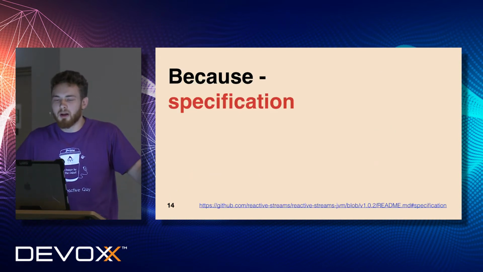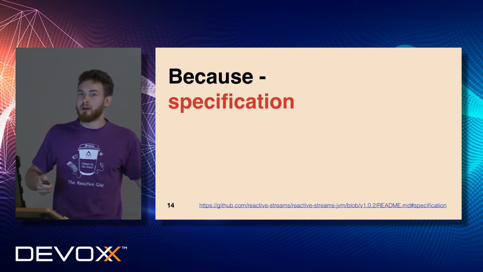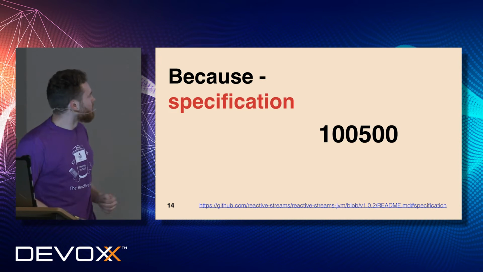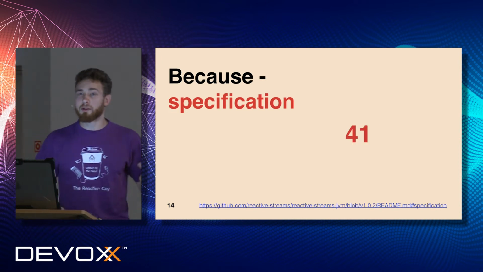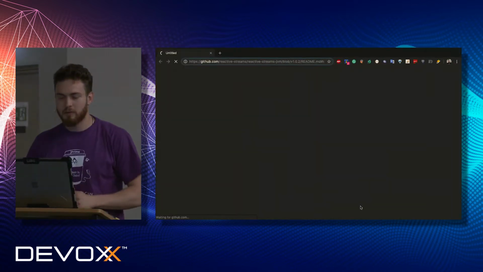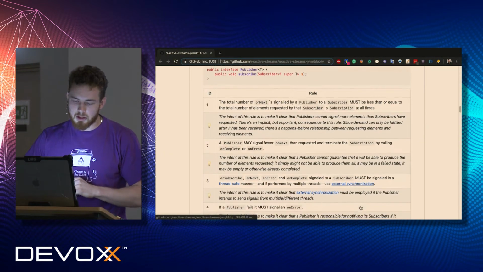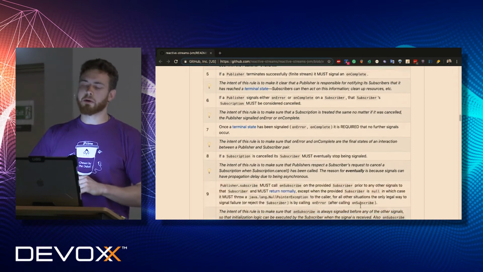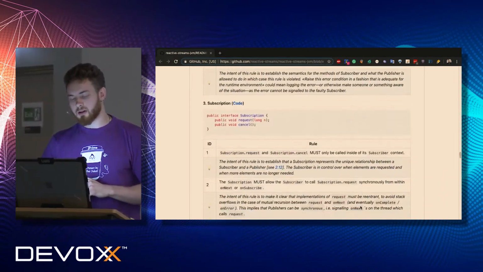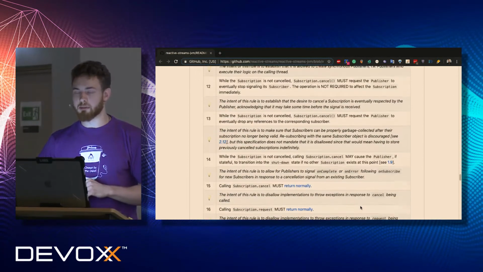Unfortunately, it won't work because there is a specification, which says that there are 150,000 rules. I'm joking. There are only 41, but this is enough to go crazy. If you look at this specification, we will see lots of rules for our publisher, for our subscriber, and lots for our subscription.